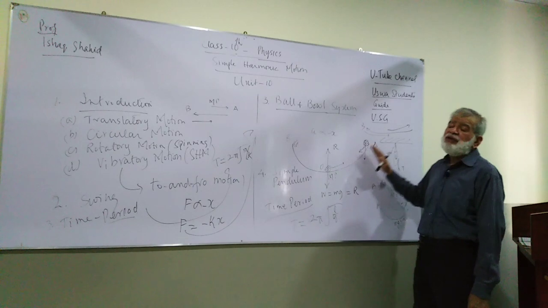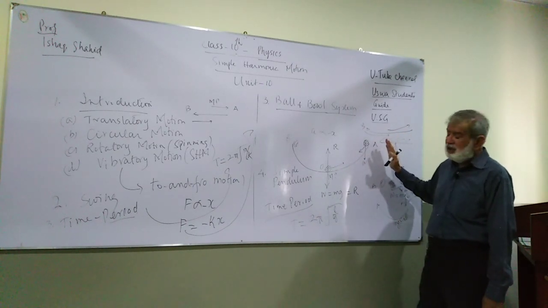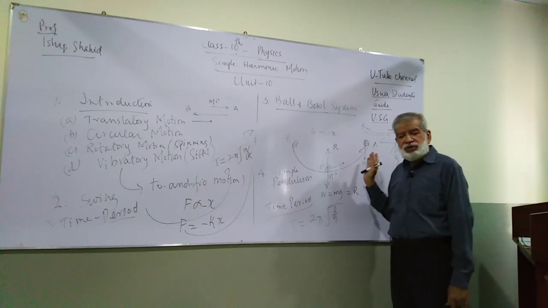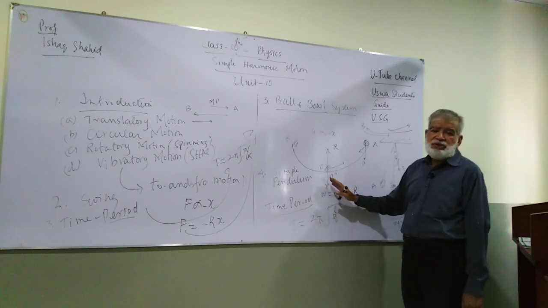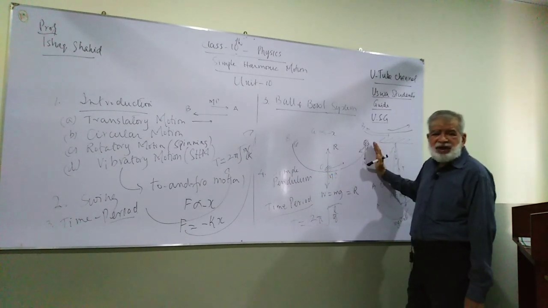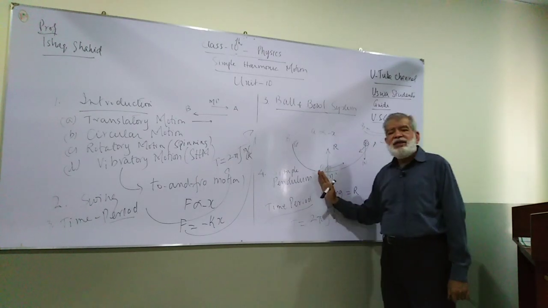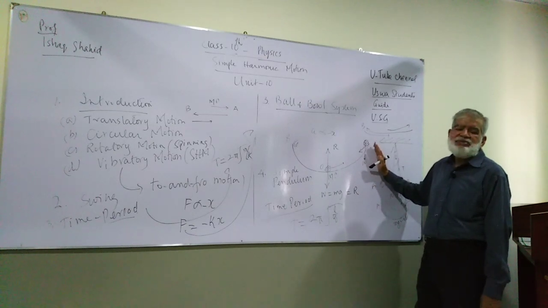How far you take it from the mean position is the displacement, and the farther it is, the greater the magnitude of acceleration. And number 4, when the body is executing simple harmonic motion, the velocity of the body is maximum at the mean position and minimum at the extreme position.